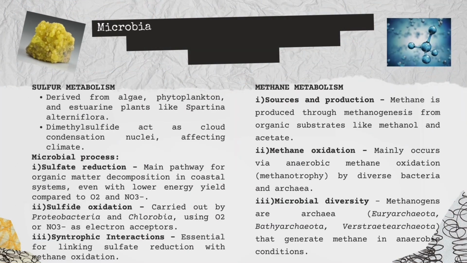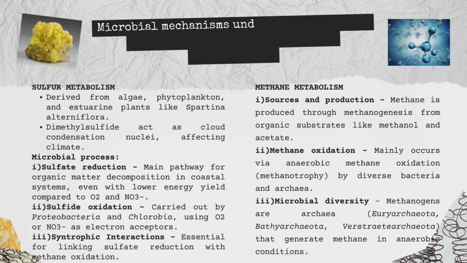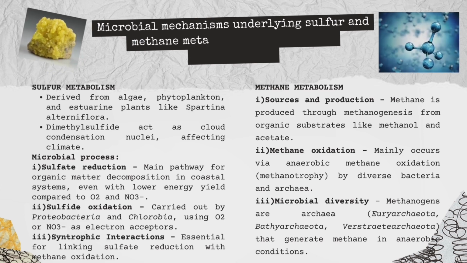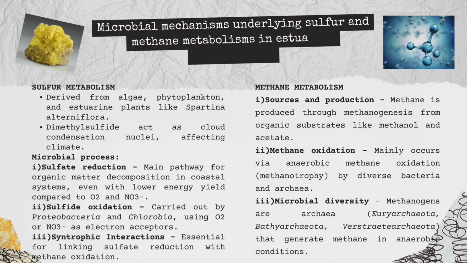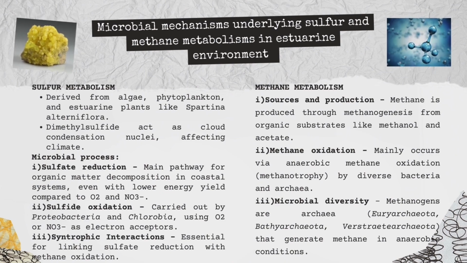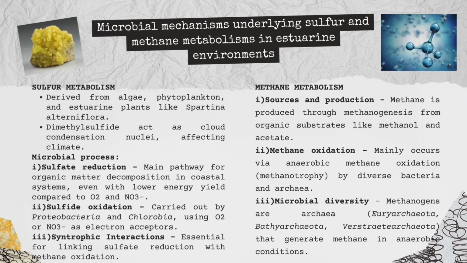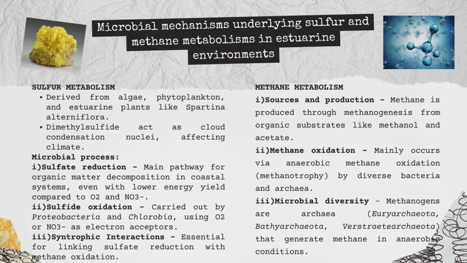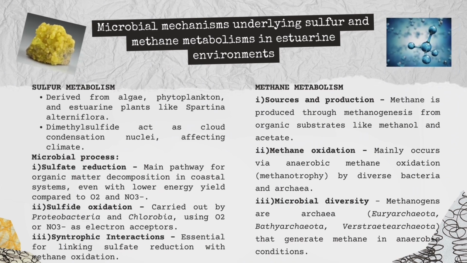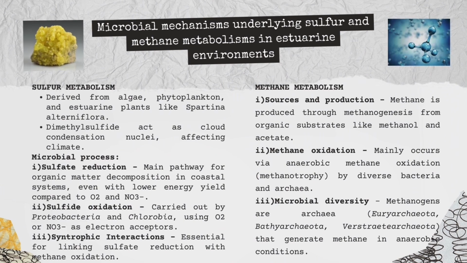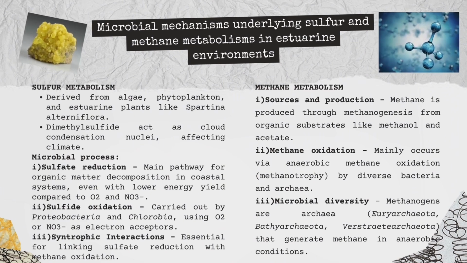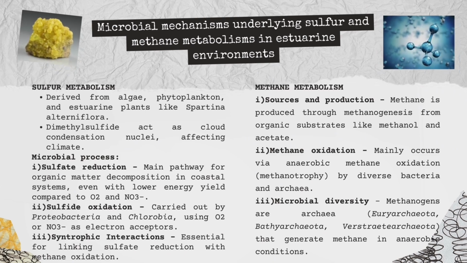So the first one is sulfur metabolism. The sources: biogenic sulfur compounds are derived from algae, phytoplankton, and estuarine macrophytes like Spartina alterniflora. The role in climate: compounds like dimethyl sulfide act as cloud condensation nuclei, influencing the climate system. Next are the microbial processes involved in these metabolisms, including sulfate reduction, sulfide oxidation, and syntrophy interactions.